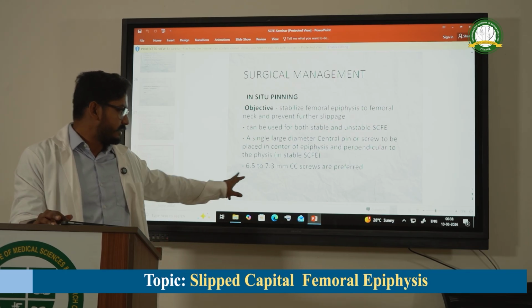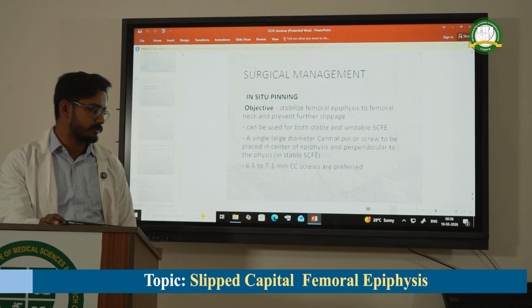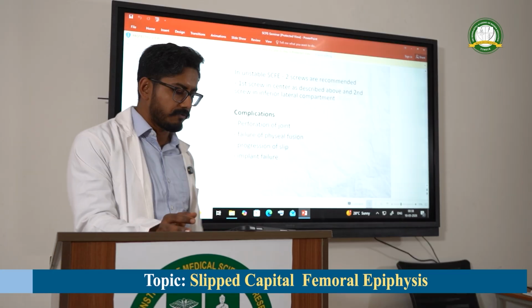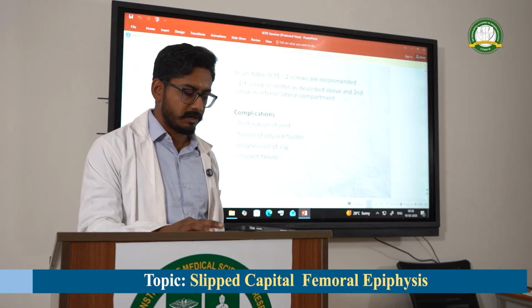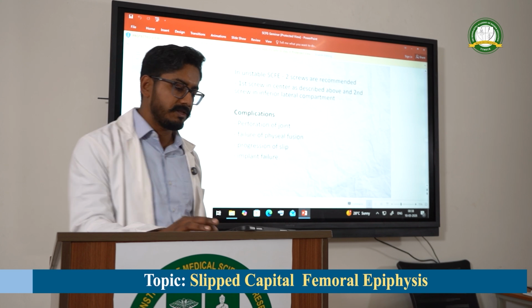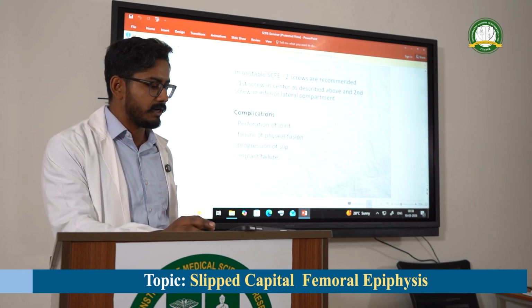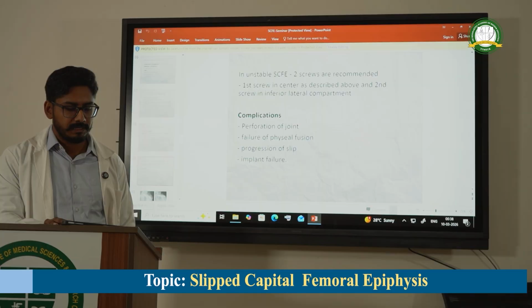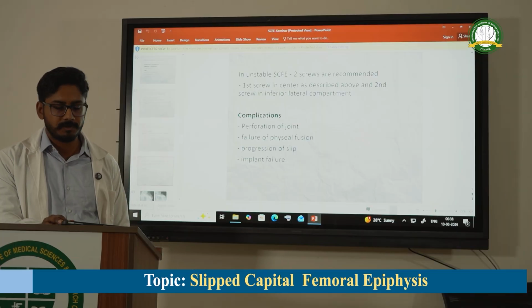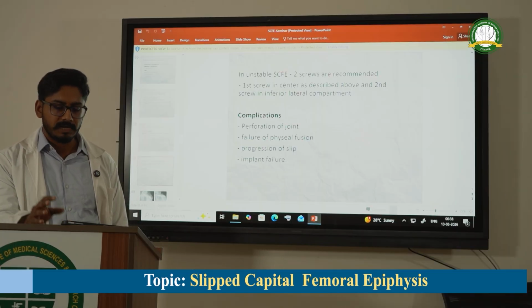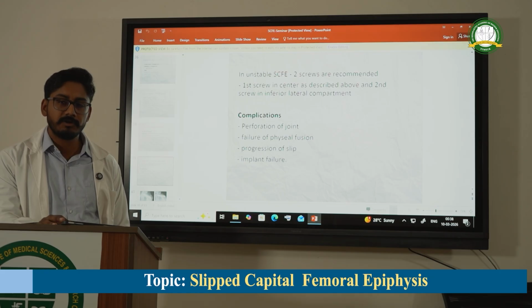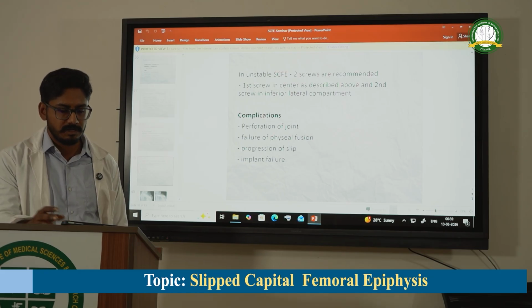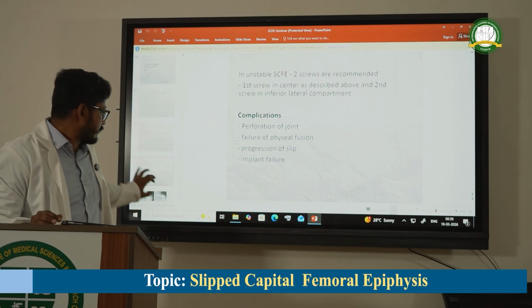The screw size can be 6.5 to 7.5 mm cannulated screw. And in unstable SCFE, 2 screws are recommended. The first screw is applied in the center as described above, and the second screw is applied in the inferior and lateral compartment. The complications of the surgery are perforation of the joint, failure of physeal fusion, progression of the slip in spite of the fixation, and implant failure.